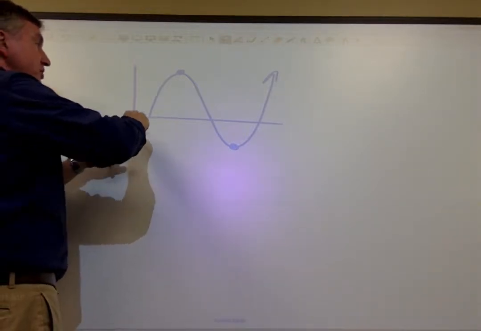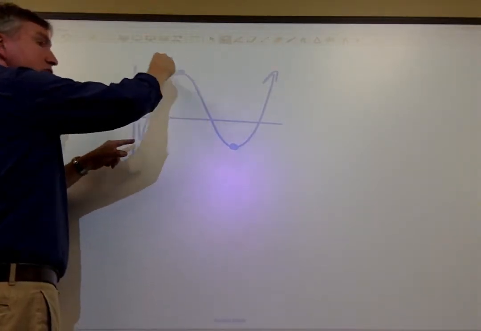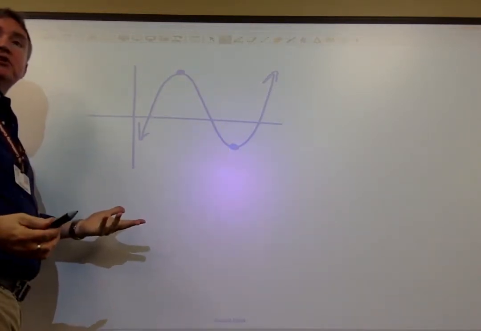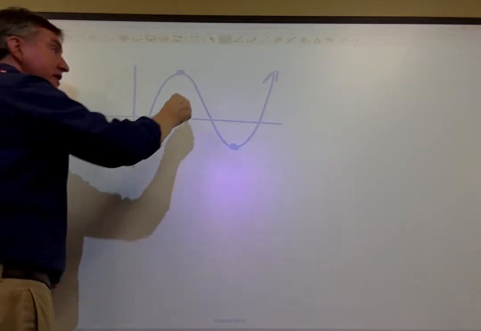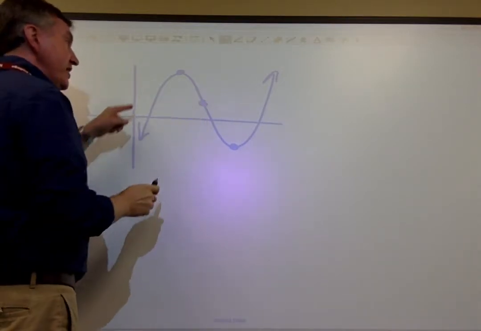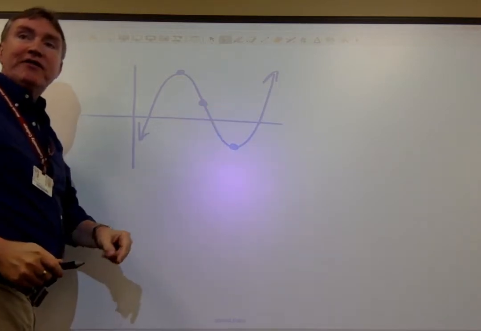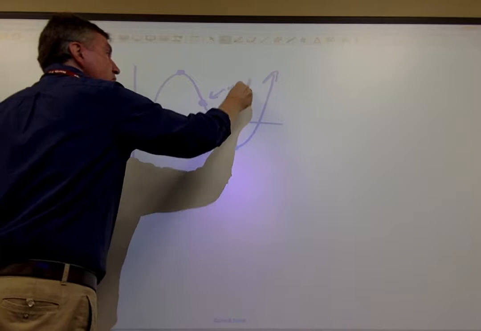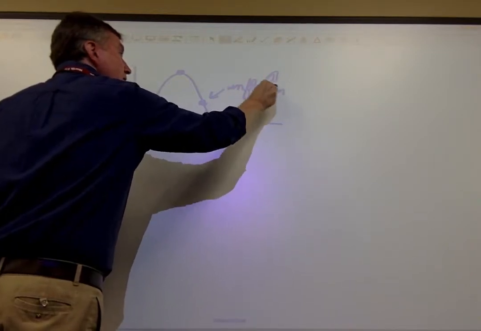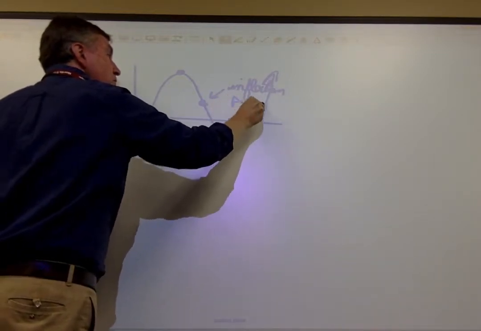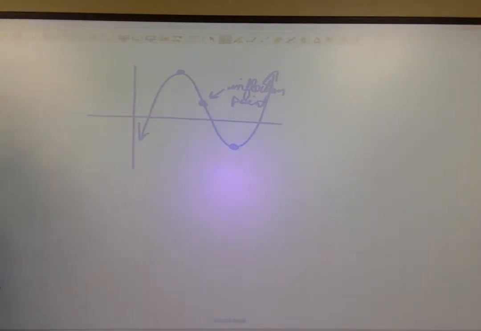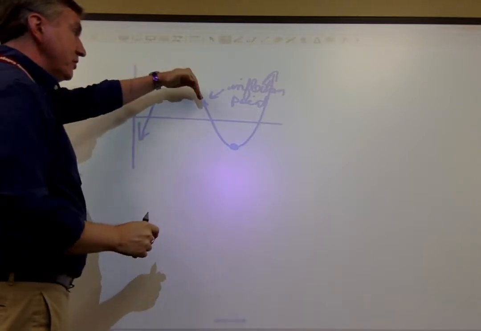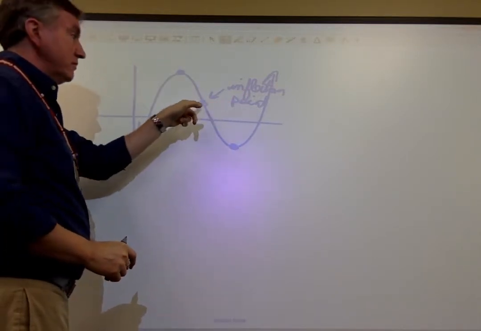Would you agree that on this function, this interval is concave downward, curved downward? But this is concave up, isn't it? Where did it switch? The second derivative is going to help me find at what point it changes from down to up. And that's going to be called the inflection point. Inflection point. Okay. So instead of finding max and min now, we want to find where it switches from curved downward to curved upward. And that's where it would change.